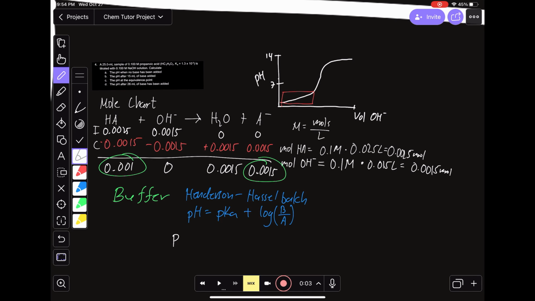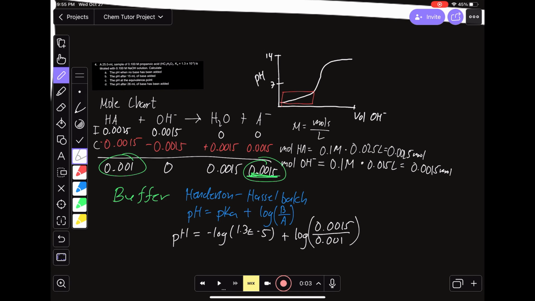Plugging in our values, pH is equal to pKa, which is the negative log of our Ka. Ka is 1.3 times 10 to the negative 5th, plus the log of the amount of base in our solution, which is right here, 0.0015, and the amount of our acid, which is right here, so over 0.001.